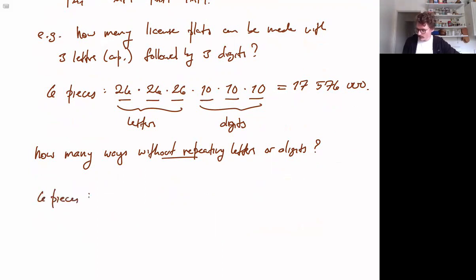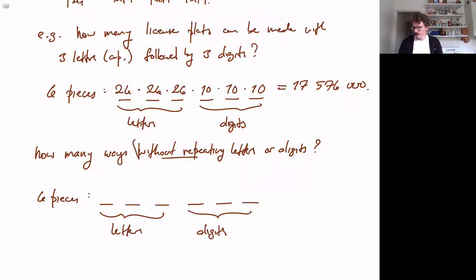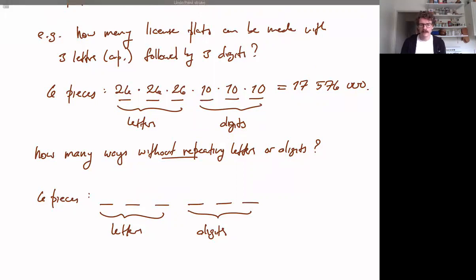So we have the same setup, 6 pieces, where it's 3 letters, followed by 3 digits. And now, the only difference to do it without repeating is that we still have 26 options for the first letter, but then whatever letter we put in the first slot, we can't put in the second one.